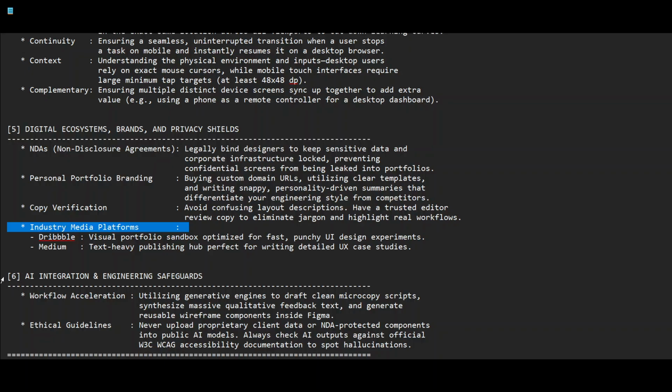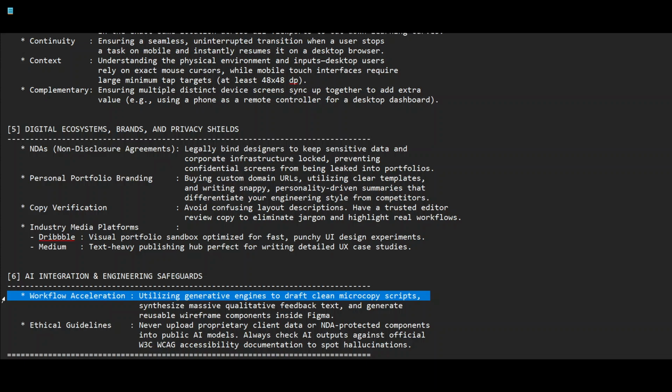So the last topic is AI integration and engineering safeguards. Workflow acceleration: utilizing generative engines to draft clean microcopy scripts, synthesize massive quantitative feedback text, and generate reusable wireframe components inside Figma.